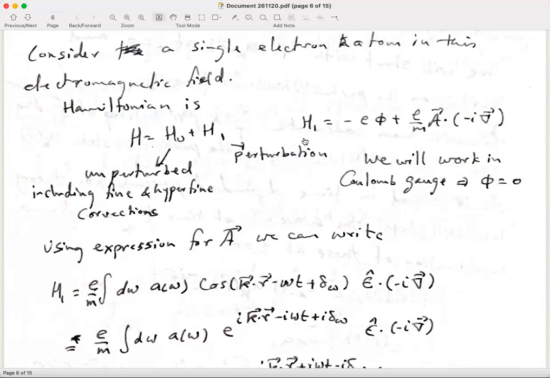Okay, so we know what this H1 is going to look like. We have done it earlier. When you turn on an external electromagnetic field, you replace P by P minus eA by c, and then you expand that (P minus eA by c) whole squared by 2m, you get a variety of terms.